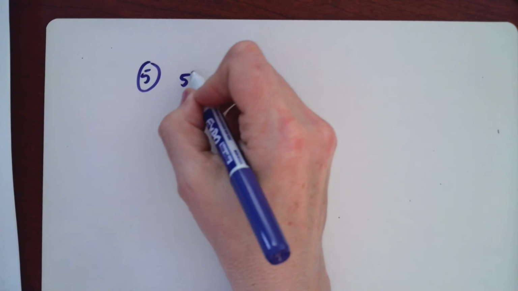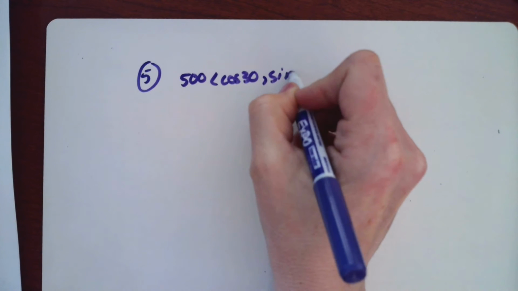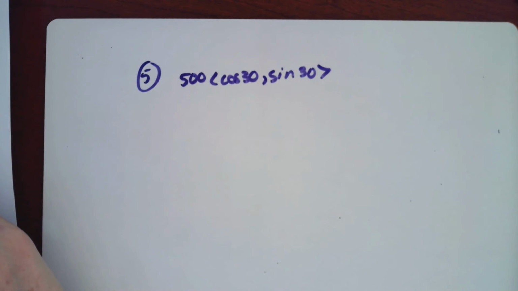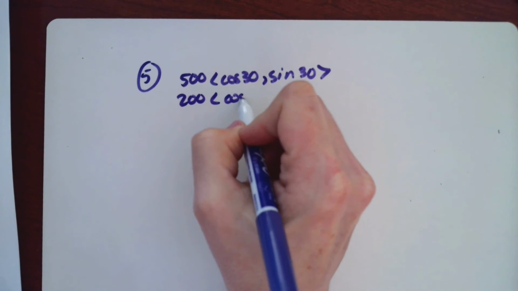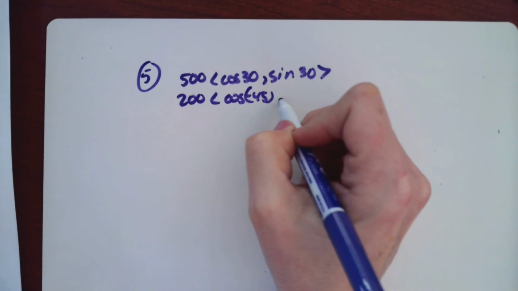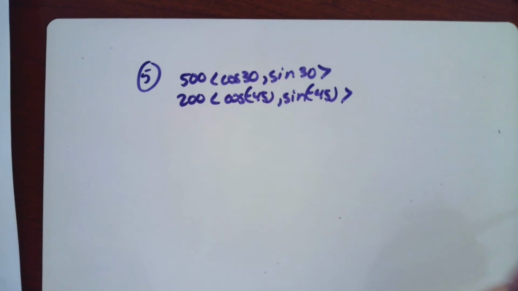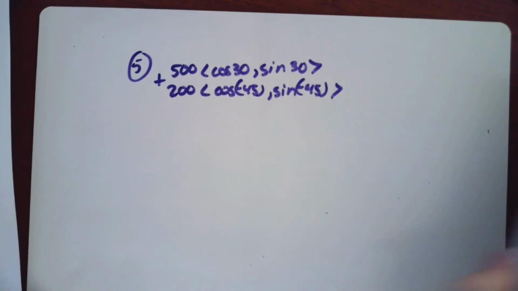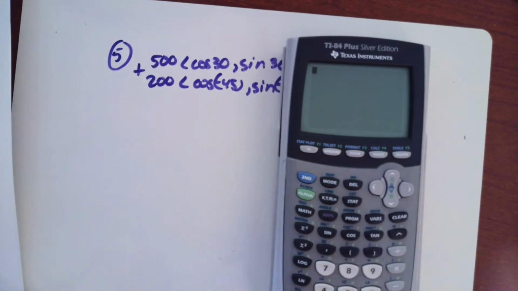So 500 cosine 30 and sine 30. And then another vector, 200 cosine negative 45 and sine negative 45. All right, and so what we're interested in is the resultant. So we're adding these together. So I'm just going to go ahead and do it on my calculator. I don't really need the individual things. I just need the addition of the 2.